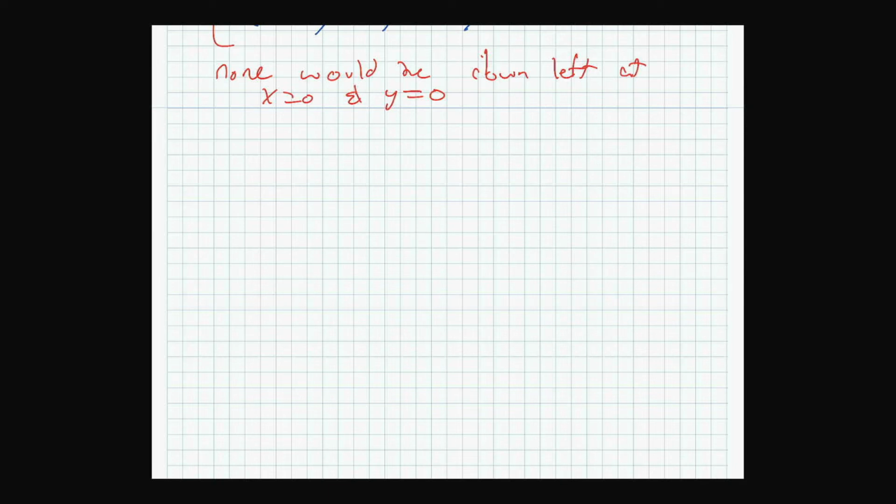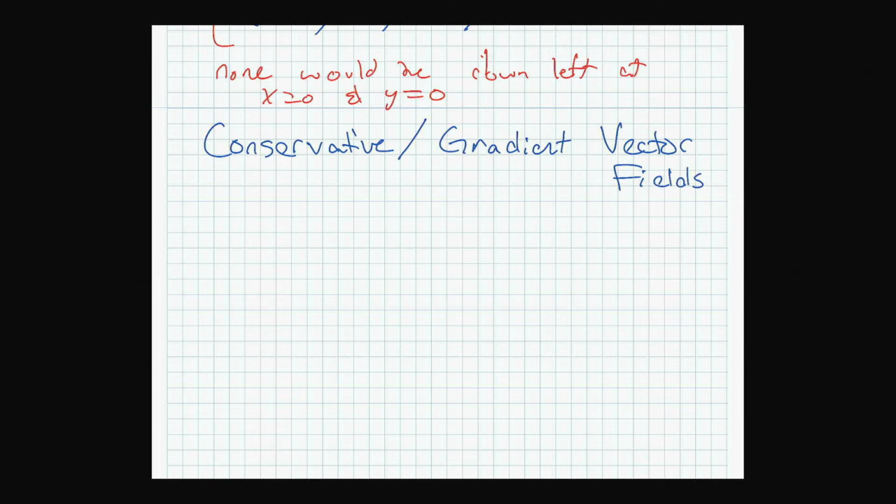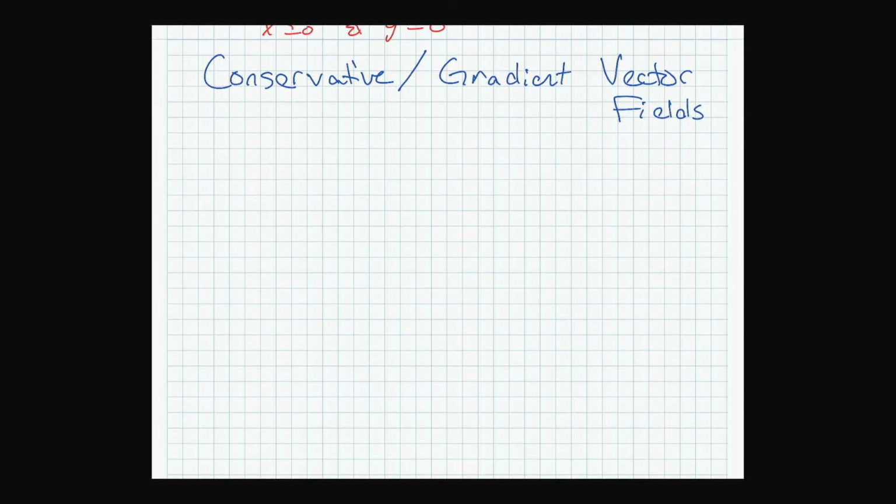All right, I think we're onto our last topic, really. So this is going to be conservative vector fields. Conservative or gradient vector fields. All right, so we need a definition.